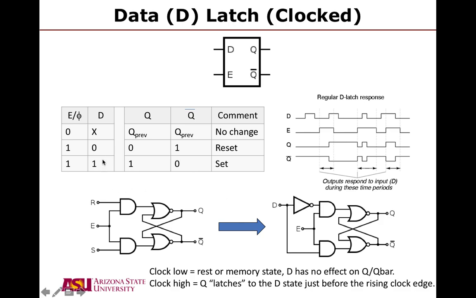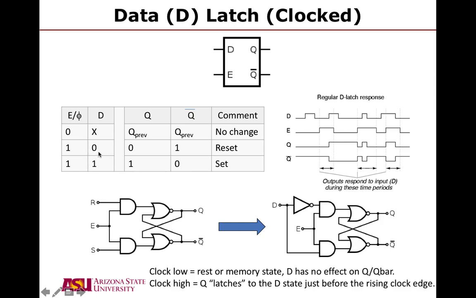Okay, so now we just have, again, phase and D. We only have two inputs. When the phase or the clock is low, it doesn't matter what D is. Everything stays in the prior state, just like in the SR latch. So we get Q previous and Q bar. This should be Q bar of the previous state. No change. When the clock goes high, then it depends on the data's input.